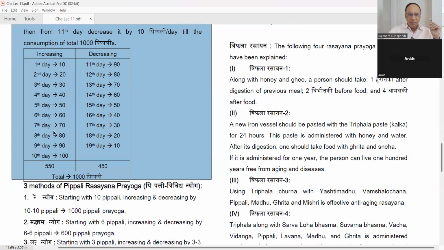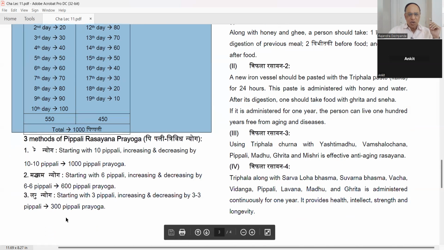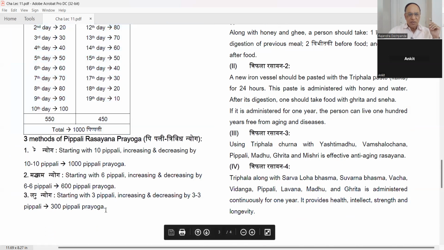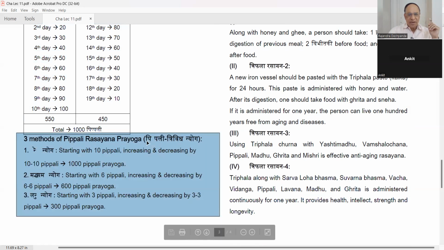Okay. We will go further to understand the next tonic mentioned by Charak, and the name is Pippali Rasayana Prayoga. Forget about this spelling mistake and don't look at it. So, starting with 10 Pippali, increasing and decreasing by 10. This is for 1000 Pippali Prayog, which is impractical these days. Okay.